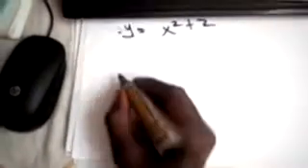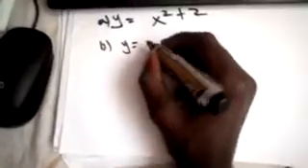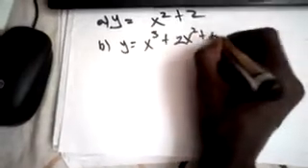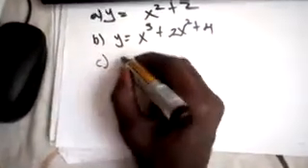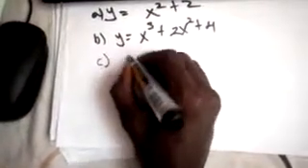So we are going to say differentiate y is equal to x squared plus 2. That's part A. Part B, we shall have y is equal to x power 3 plus 2x squared plus 4. Then part C, we shall have y is equal to 3x power 3 plus 4x squared plus 5.